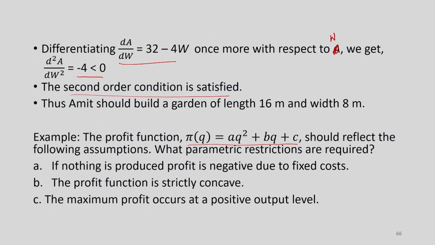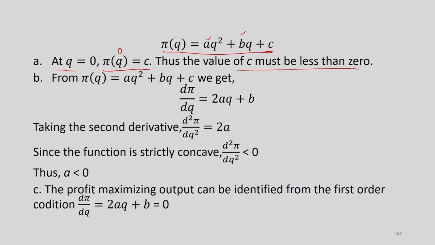What is the second part? The profit function is strictly concave, and here what property do we use? We use the property that a function is strictly concave if and only if the second derivative of the function is negative. Okay. Second derivative we have to find. So, this is the function pi of q is equal to a q square plus b q plus c. First we take the first derivative, that is 2aq plus b. We have used the power rule.